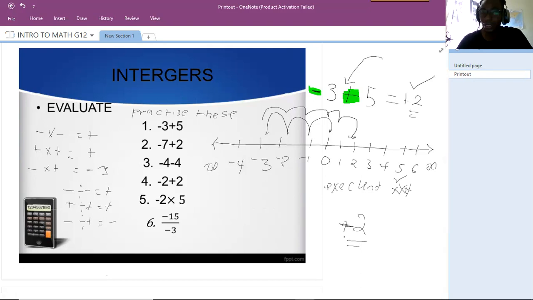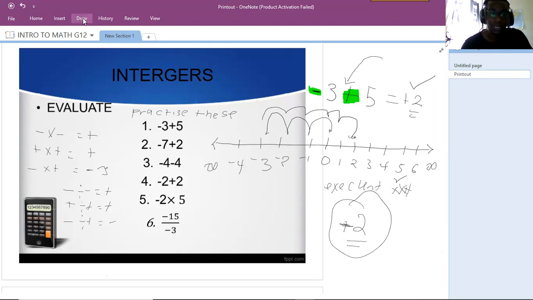There's a negative sign and a positive sign. Then you ask yourself, what's negative times positive? It's negative. Meaning, since it's negative, you have to subtract. If it was positive, we would have added, but it's negative, so you have to subtract. So what's 3 minus 5? It will be 2, meaning our answer will be positive 2.